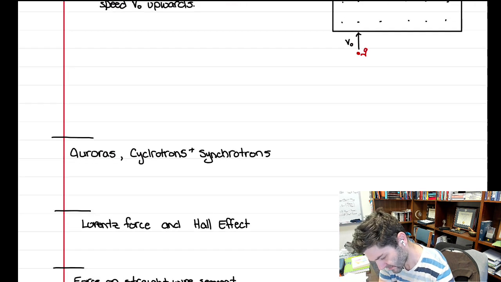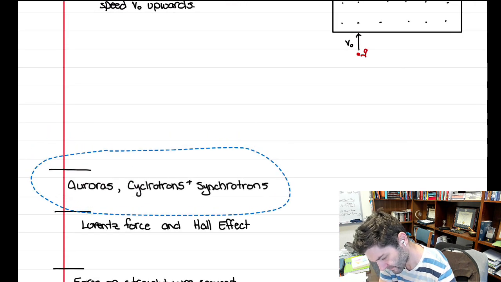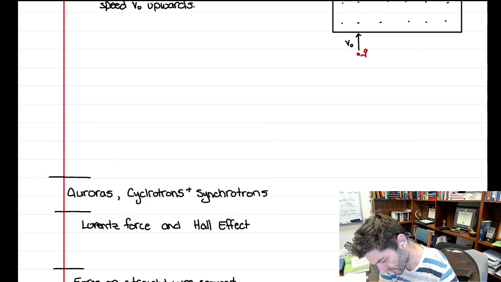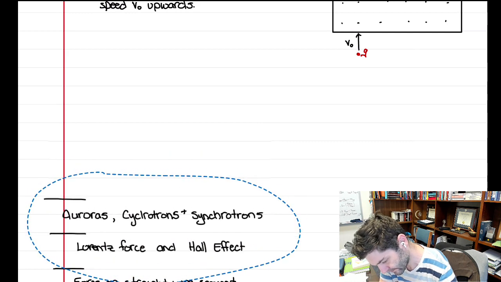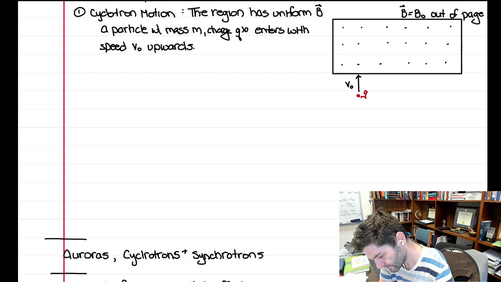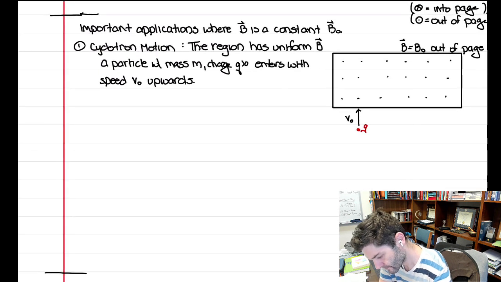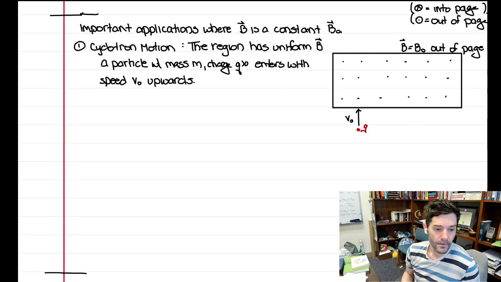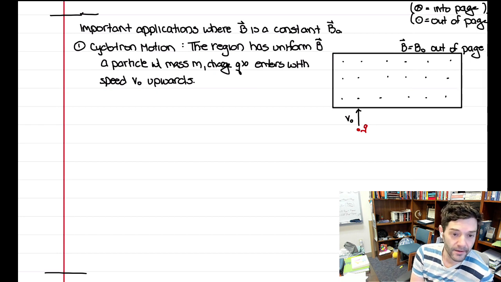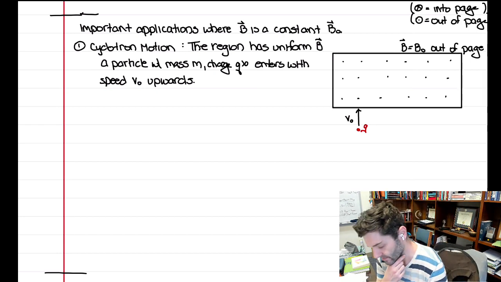I'm probably going to need more room, so I'm going to move this down to other topics to cover. All right, so important application. And here we're now going to assume that the magnetic field is a constant. So in this case, I have this region over here demonstrated by this box where the magnetic field is uniform and is always pointing out of the page.